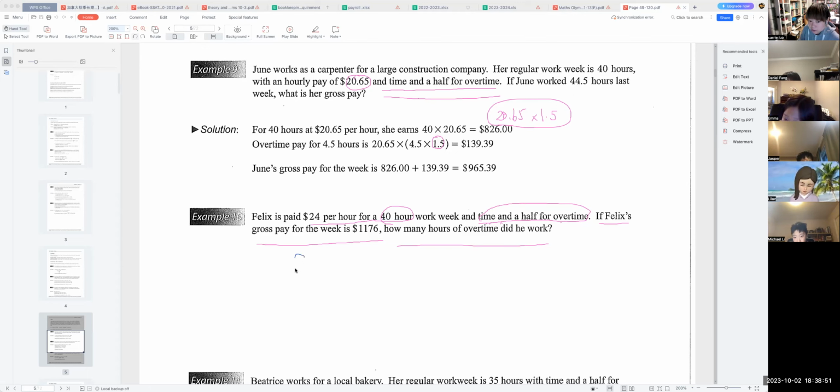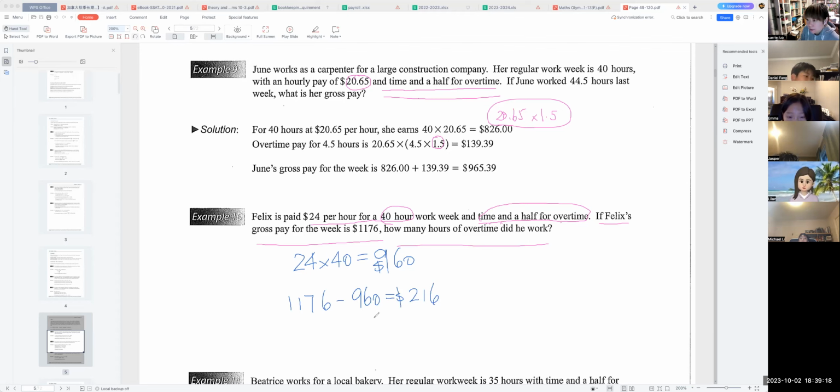Okay, everybody, let's see. Without overtime, this Felix guy should only get $960. Don't you agree with me? Jasper, Emma, Daniel, correct? But why is this guy getting paid $216 more? Is because he had what? Overtime, right?